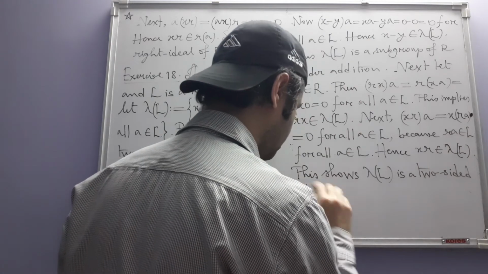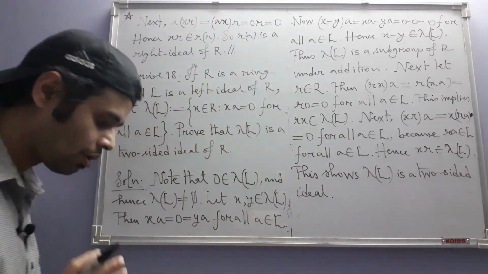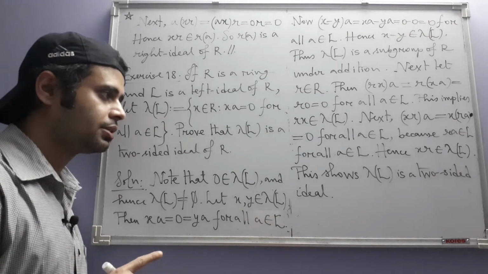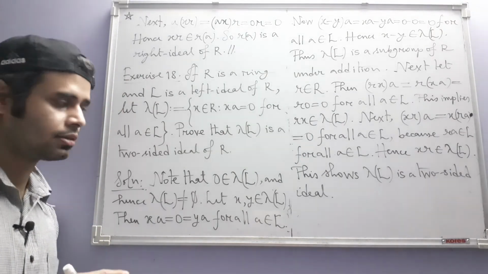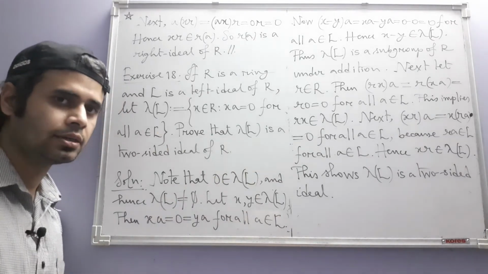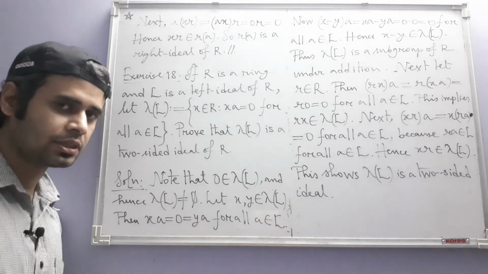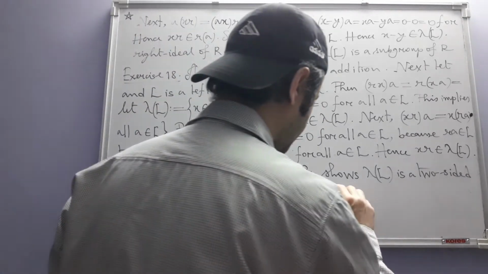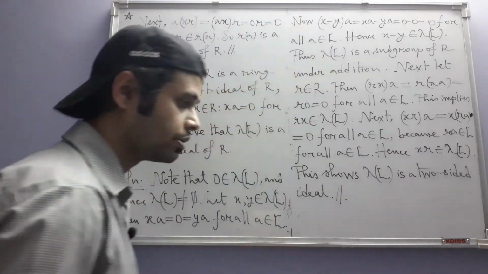Although we decided to not mention the words two-sided, here we are mentioning it just to emphasize the fact that L is left but lambda L is two-sided. So from a left ideal we can get a two-sided ideal, and this completes the solution.